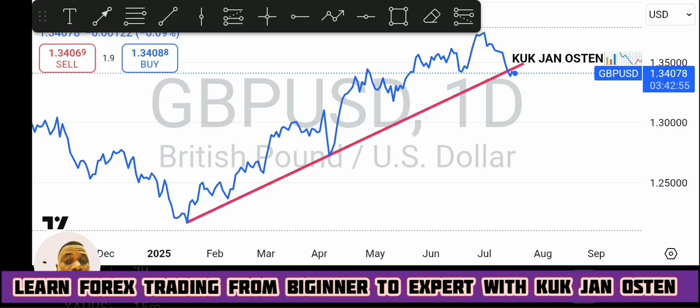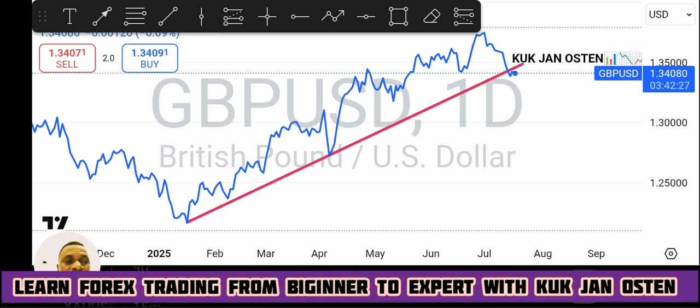Since it's an uptrend, our overall focus is buys. But it doesn't mean that when you look for buys, you do not sell. Sometimes when the market sells, it doesn't mean that it's in a downtrend. It may sell, but not for a long time.